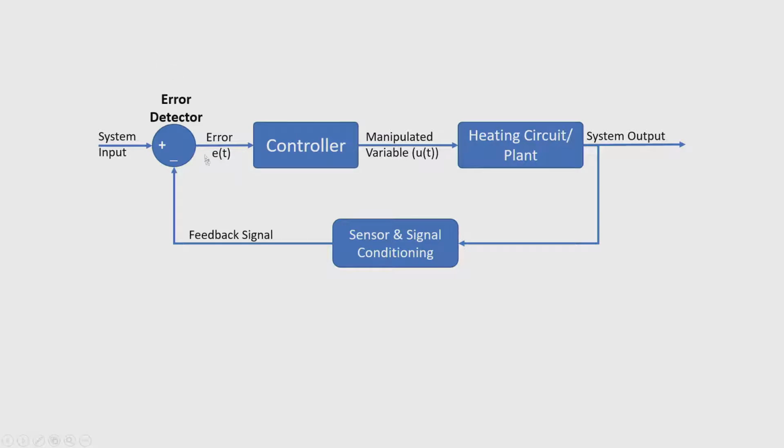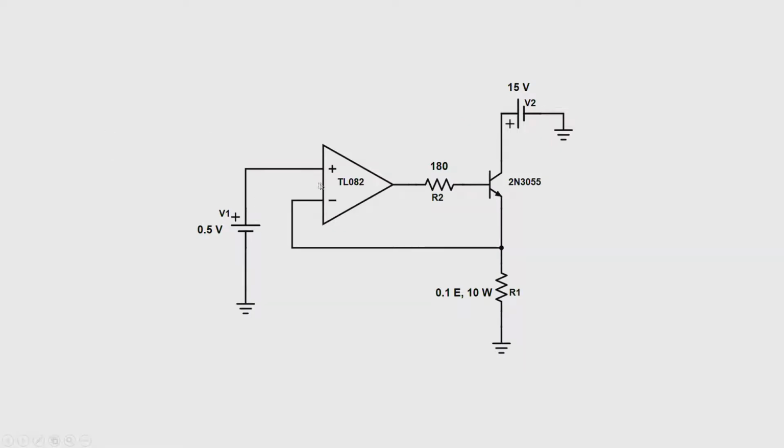As a result, it generates an error, and based upon the intelligence that we created on the controller, it will try to understand how much input voltage is to be provided at the input side of the driver circuit.